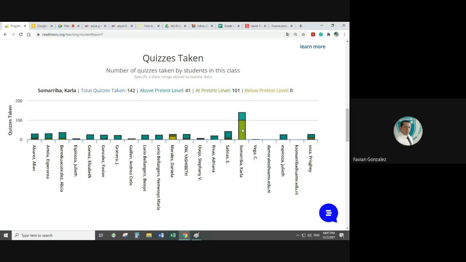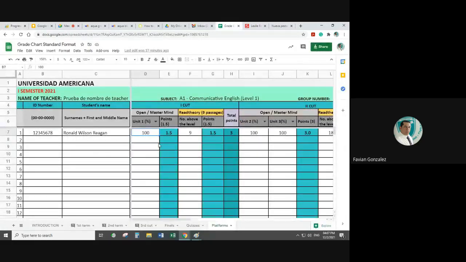Okay, so going back to the grade chart, by setting the range of dates on Read Theory, you can easily find out how many above the level passages a student read. If the student read 9 or more, well, he or she is fine, because that is exactly the minimum number we were expecting within that period of time.